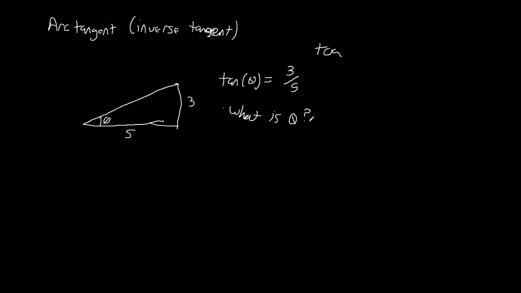Well, right now, up to this point, we have no way of answering that question, but it certainly seems like it should be possible, right? If we know the value of the tangent, why can't we go back and get what theta is? It's certainly a reasonable question. And the function that does that is called the arctangent or the inverse tangent. And you will often see it written as arctan or tan to the negative 1, right?